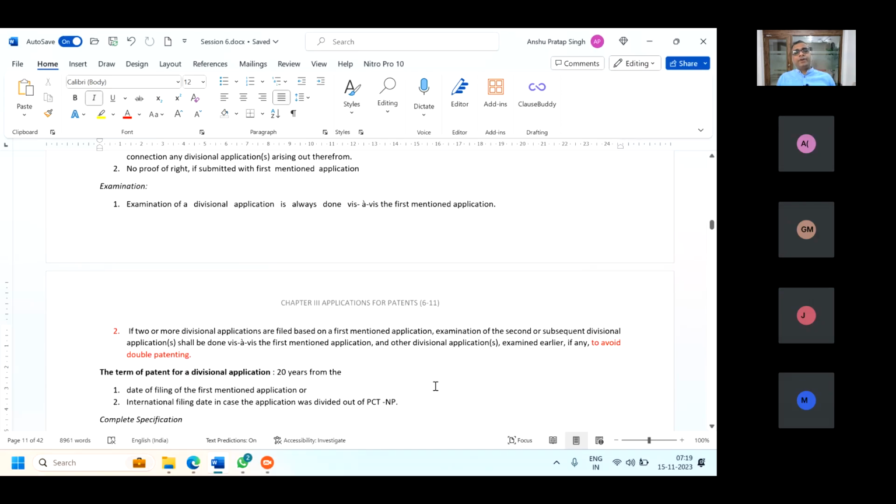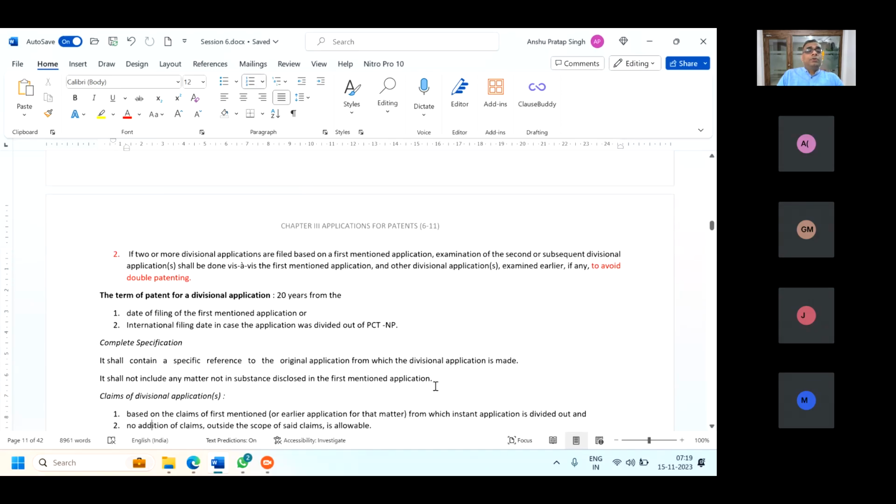You can say it is like this: on the date of filing, you have filed two separate patent applications on that day. A request for examination has to be made for the divisional application. Now, what will be the term? The term of the divisional application will start from the date of filing of the first mentioned application, because that is the date of filing which is deemed for the divisional application.